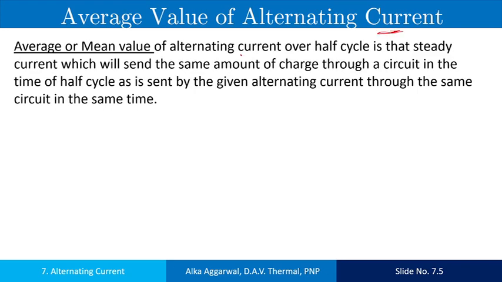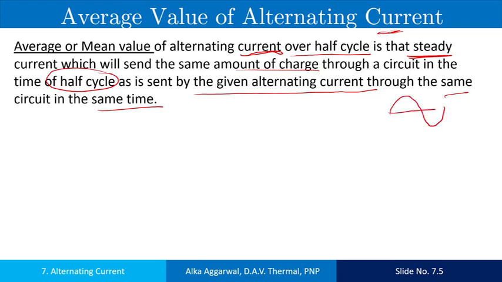So the average value of the alternating current over a half cycle is that steady current which will send the same amount of charge through a circuit in the time of half cycle as by the given alternating current through the same circuit in the same time. Here the time is of half cycle, because for the complete cycle the average value is 0.